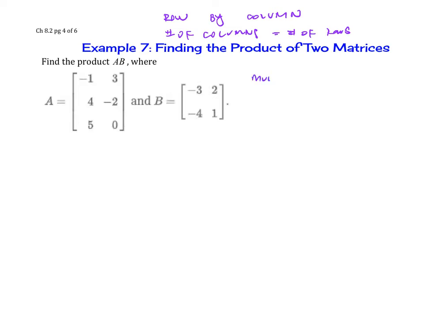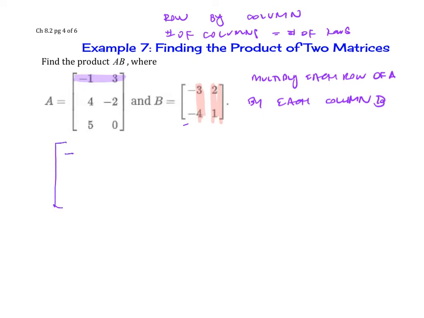We're going to multiply each row of A by each column of B. So we're going to start with each row of A, and then each column of B. So let's set it up.